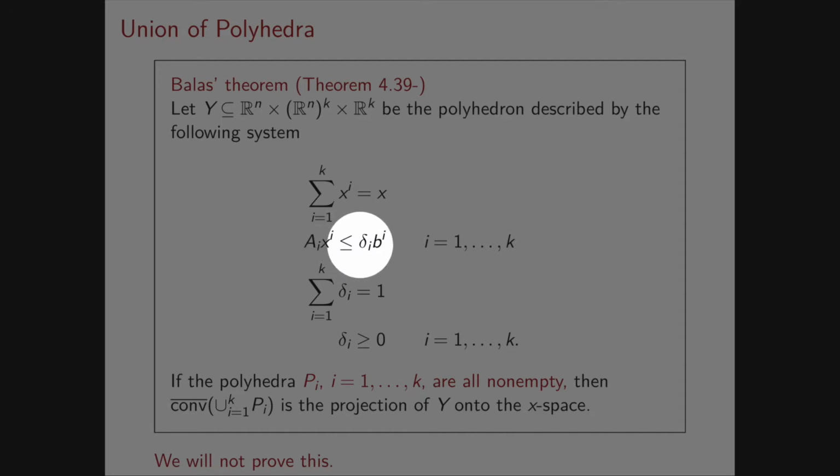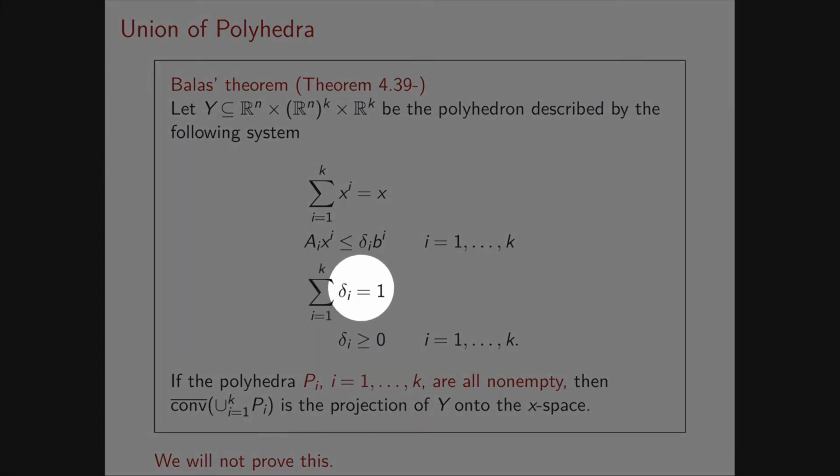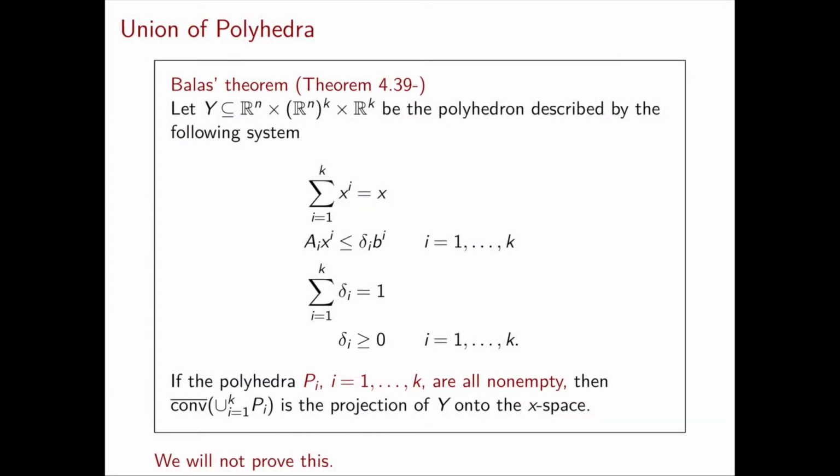That's exactly what we have, and also we need to replace the variable x with the copy of the variables x corresponding to the ith polyhedron, so xi. So that's what these inequalities are. Then we have that the sum of the delta i is equal to 1 and delta i are all greater than or equal to 0. So this system is exactly the same as the one we looked at in chapter 2.